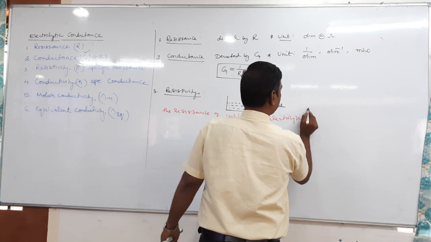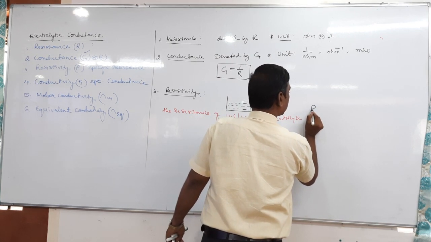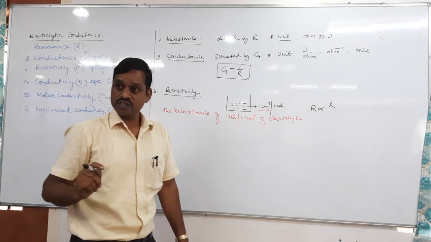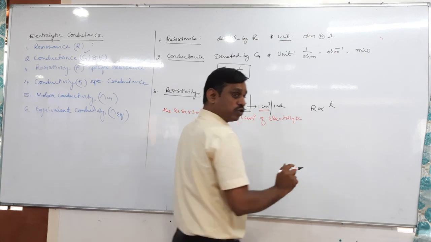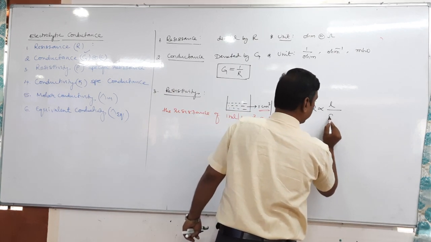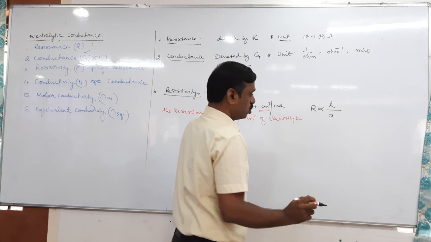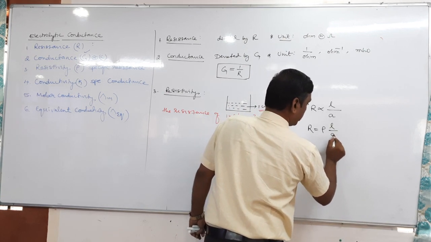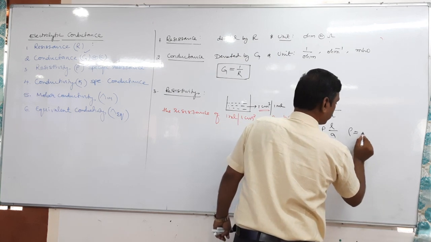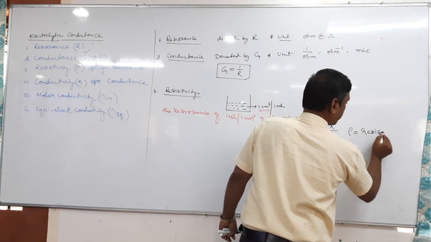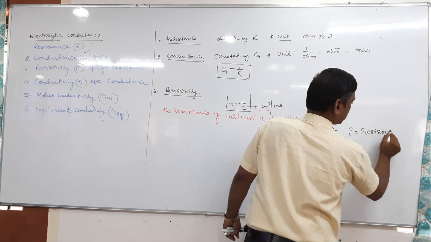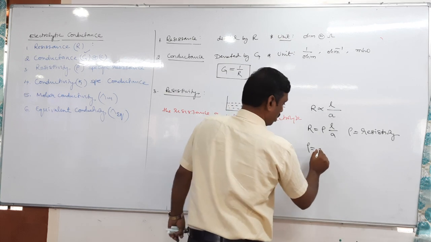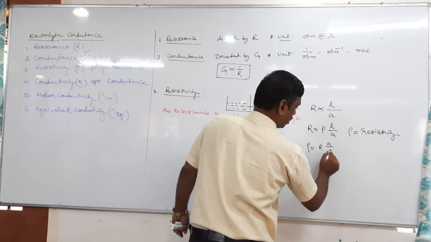We know that R is directly proportional to length, as you might have studied in physics, and inversely proportional to area of cross section. Therefore, R equals rho into L by A. This rho is resistivity. So rho equals R A by L.